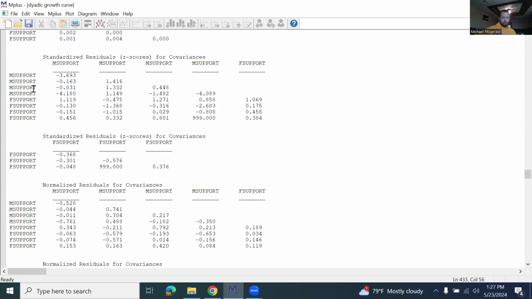And it looks like overall we got a couple that we're underestimating this effect here, and we are underestimating this effect here. So there's something wonky going on, perhaps with male support at time 4, and that's something we would want to look into. Because these are kind of outlying z-scores right here, and they are significant.